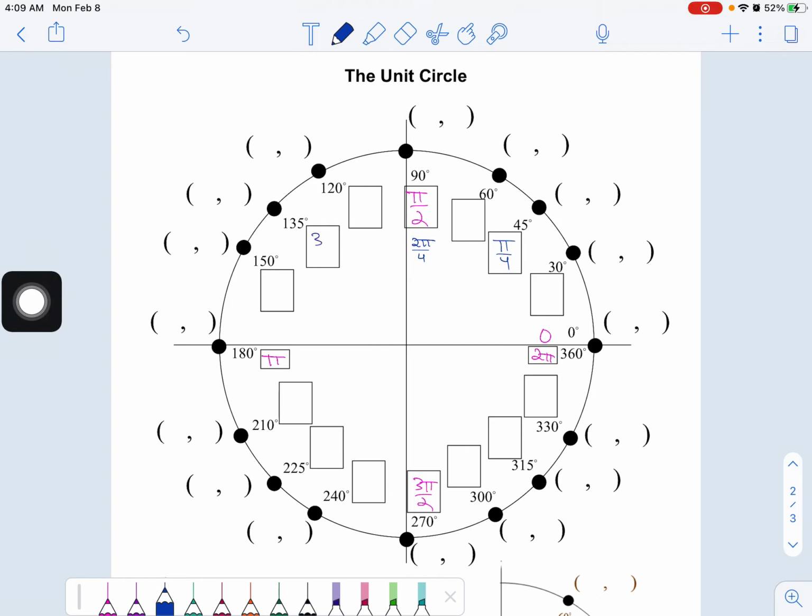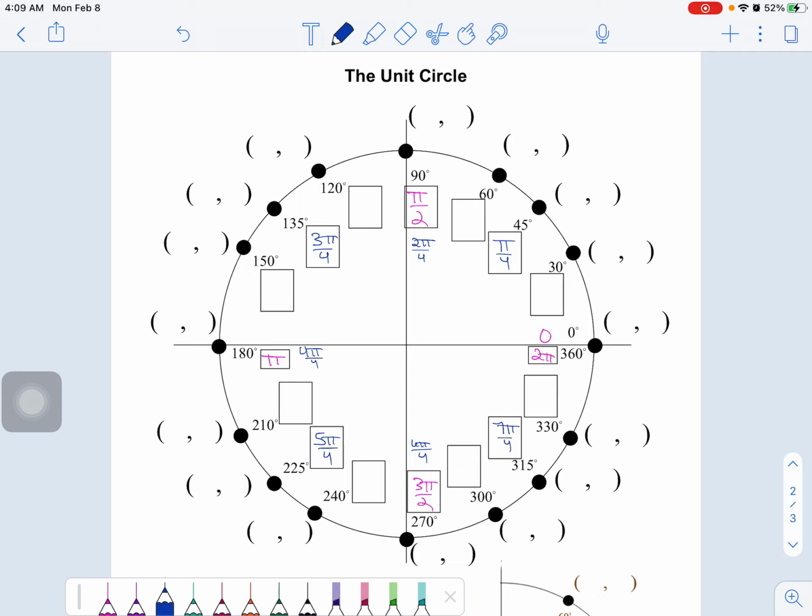If I go to 135, this would be 3 pi over 4. And basically what I'm doing is just counting it out. If I go to 180, that would be 4 pi over 4. 225 is 5 pi over 4. 6 pi over 4 is 3 pi over 2. That would reduce.